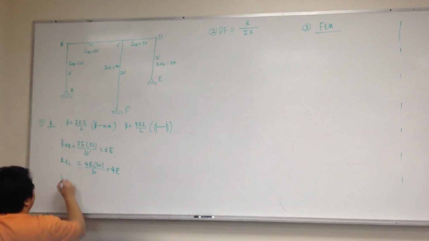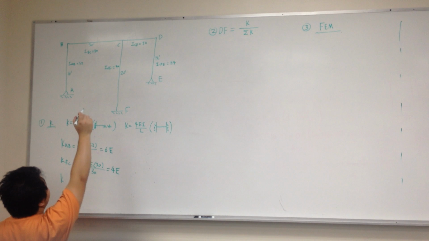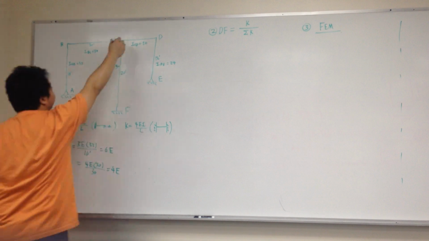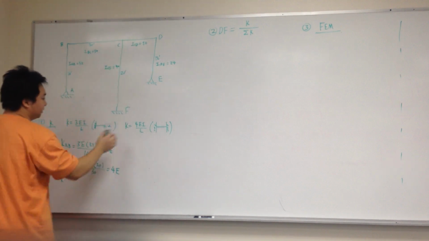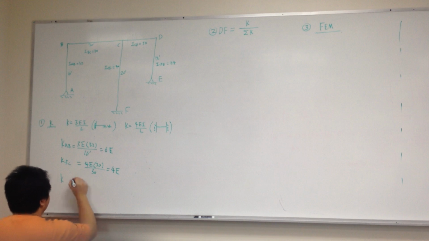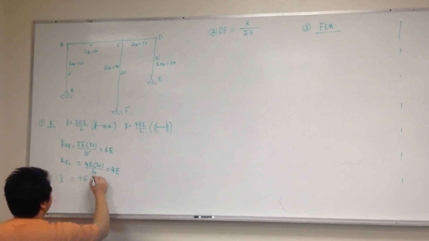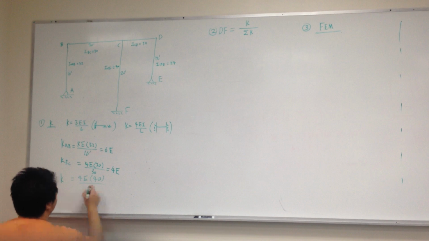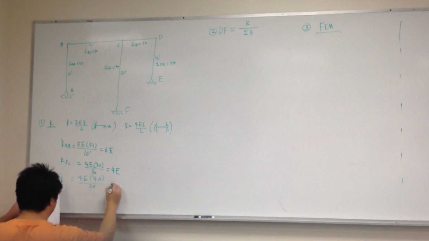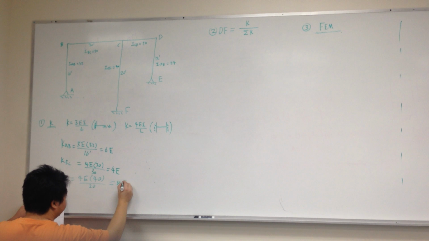And for KCF, you're going to have fixed and fixed, so the same formula. You're going to have 4E times the I for that one, which is 40, divided by the length, which is 20. So you're going to have 8E.